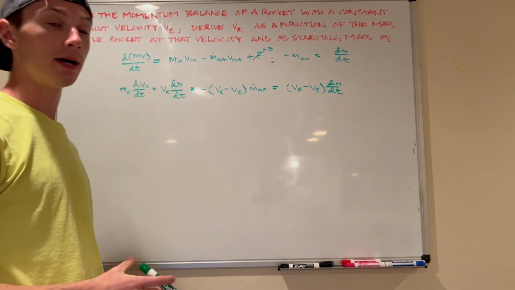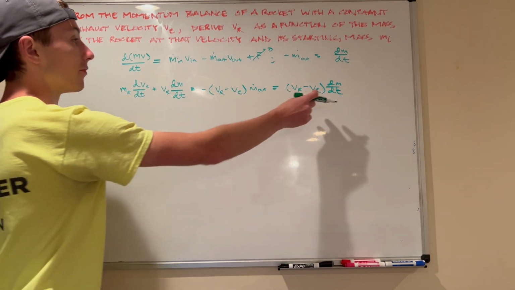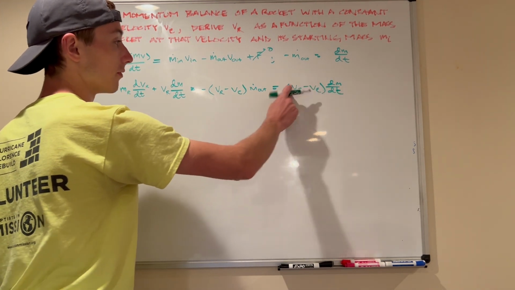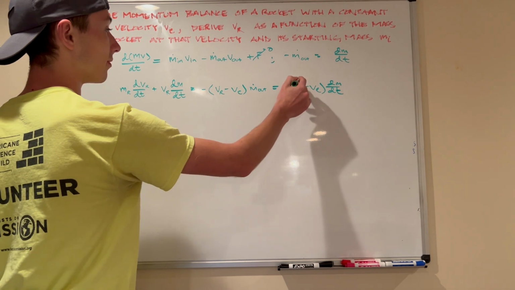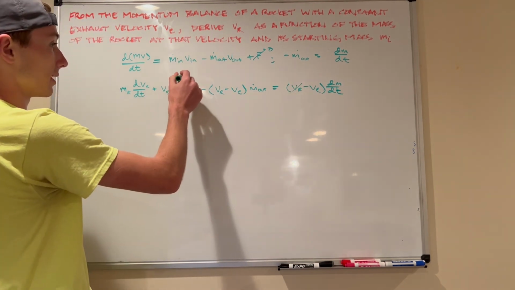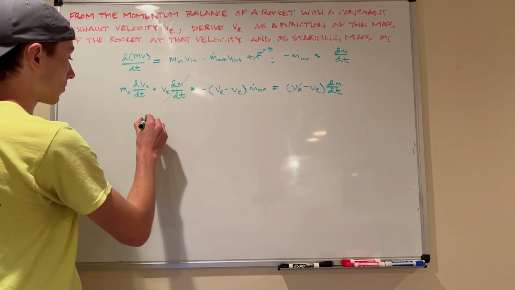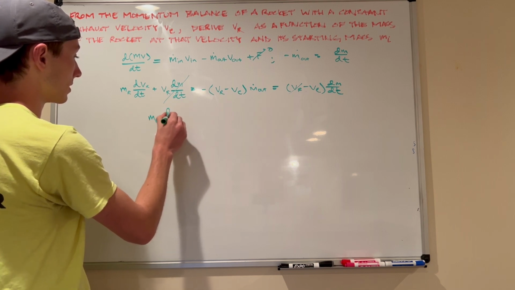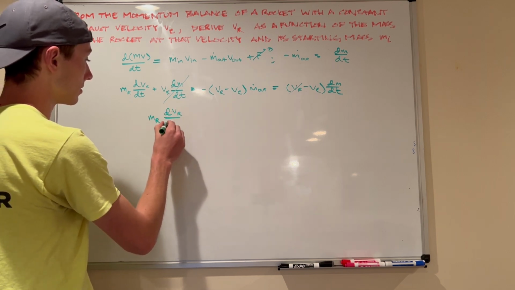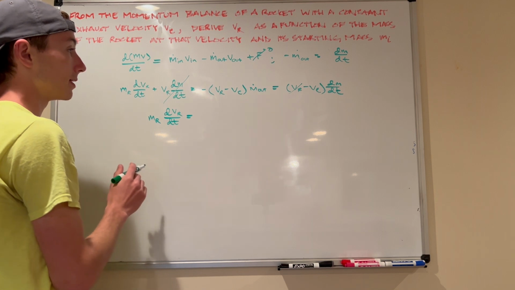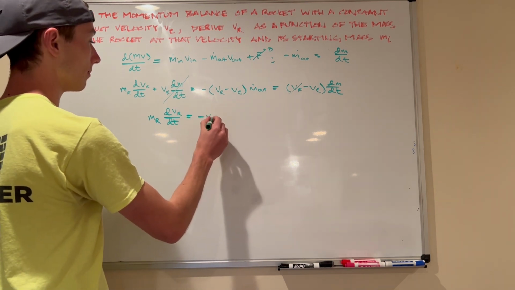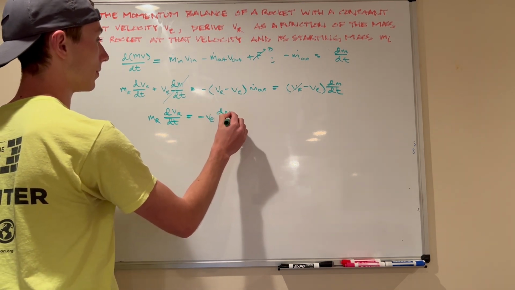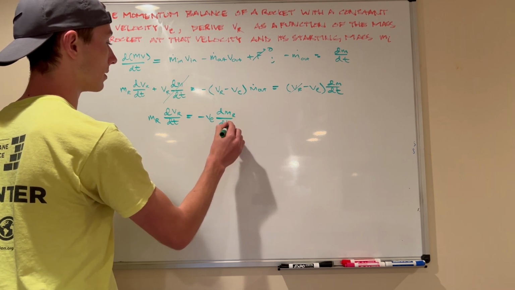You'll see now that some things start to cancel out. If we distribute this term, we would get rid of VR times dm dt, and we're left with mr times dvr dt equal to negative VE times dmr dt.